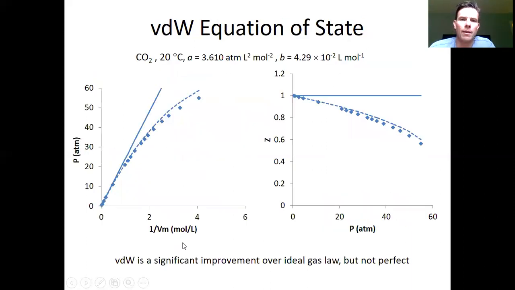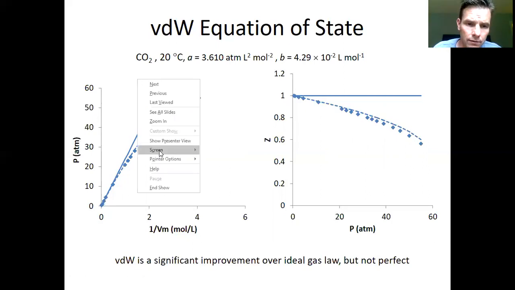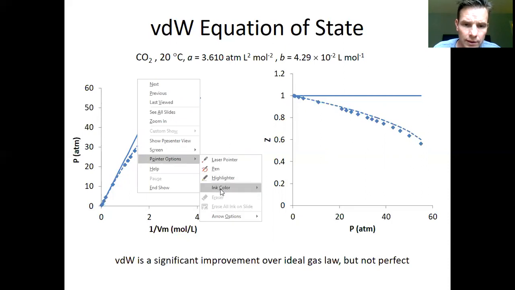All right, I can use the van der Waals equation of state then to describe real gas behavior. And I'm showing you that here on this plot. Again, this is all the same data set. The solid line here is the ideal gas prediction. The dashed line is now van der Waals. And I'm just going to write that in so that you're definitely seeing it.